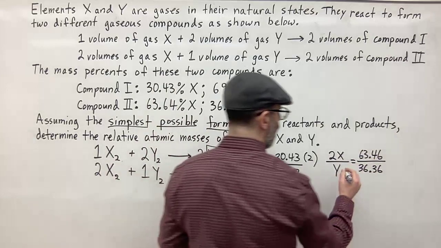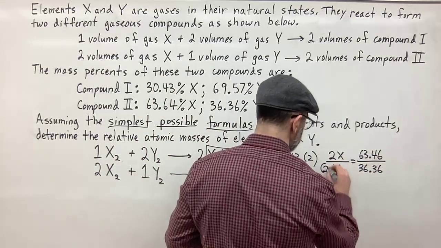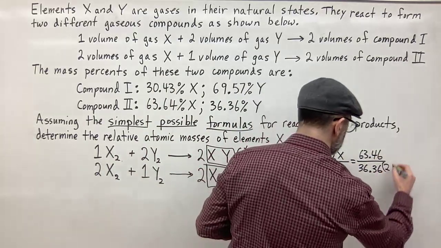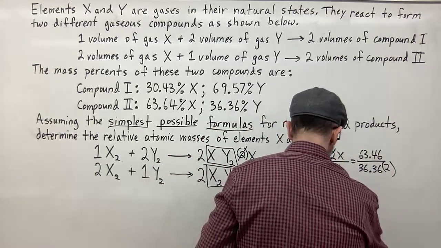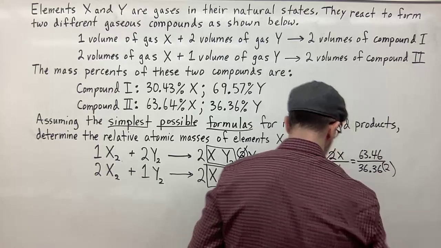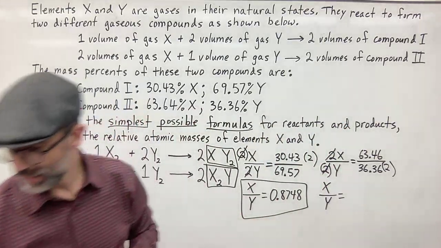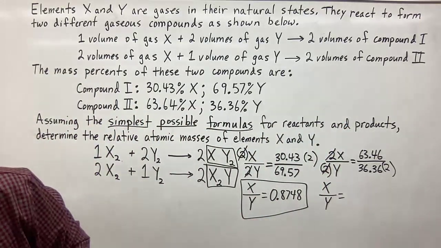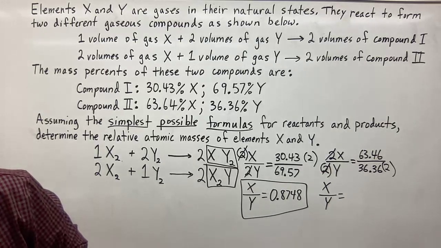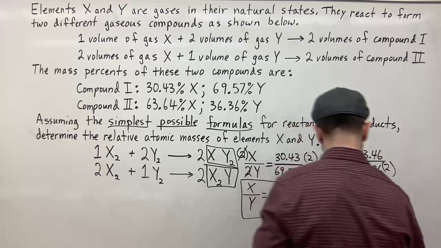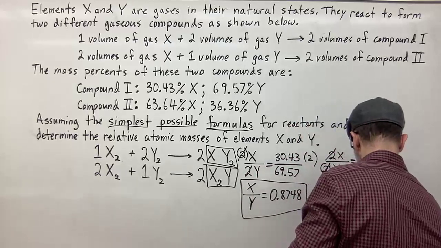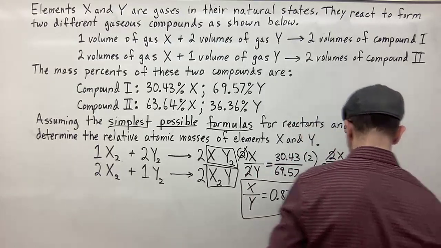In this case, I would have to divide by 2 to cancel out. I get my x over y, and I get the ratio of 0.8751.